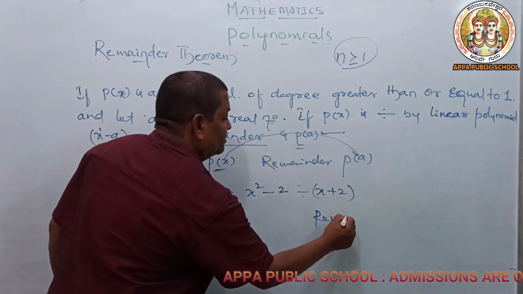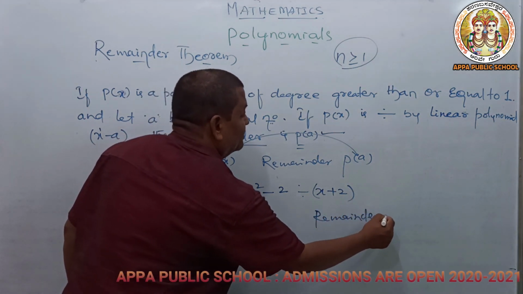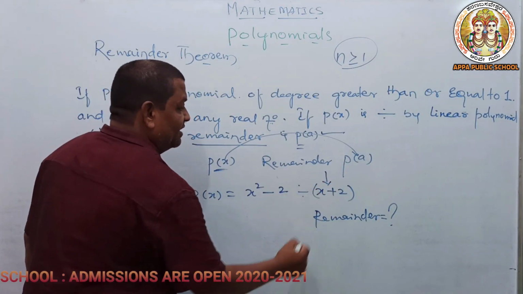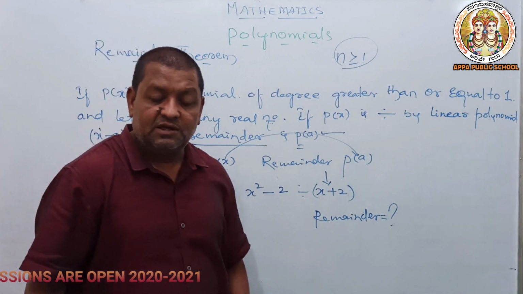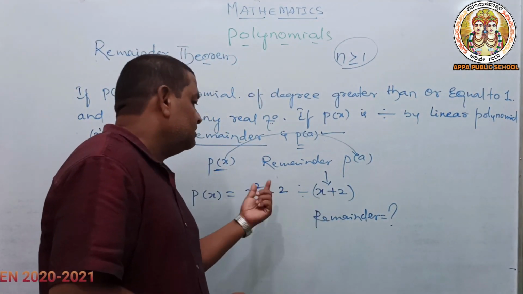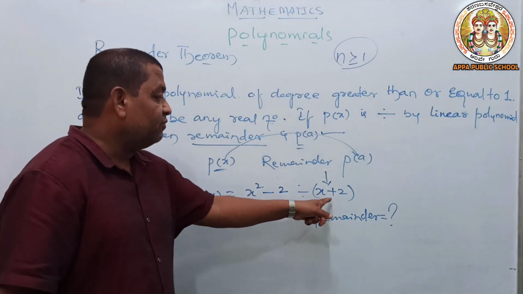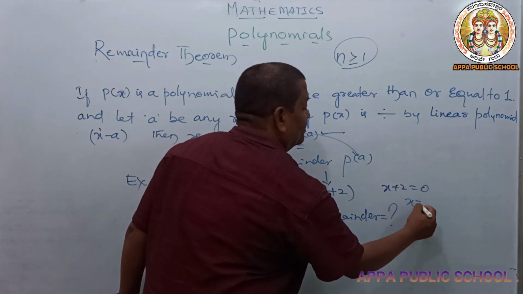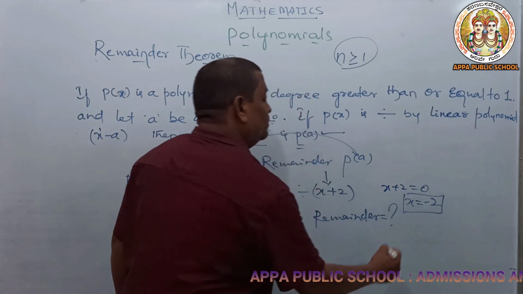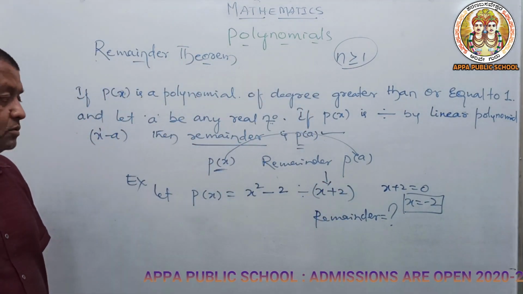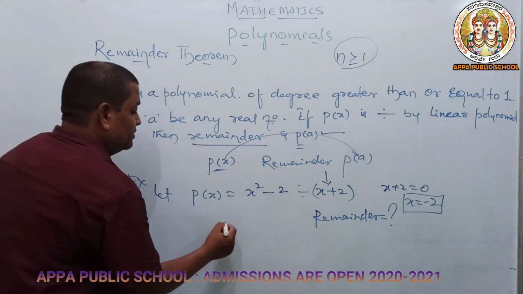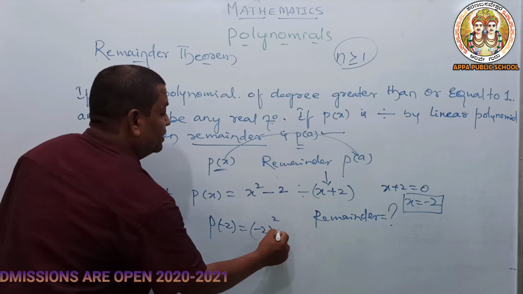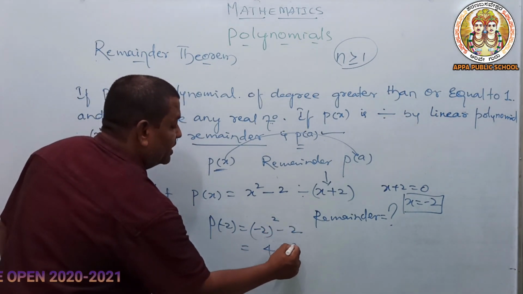The remainder is equal to question mark. You observe, if I am dividing by this, it is a factor, so that is why I am dividing the given polynomial. We need to find the x value, so x plus 2 is equal to 0, then x is equal to minus 2. Substitute x equal to minus 2 here. So p of minus 2 is equal to minus 2 whole square minus 2, that is 4 minus 2.